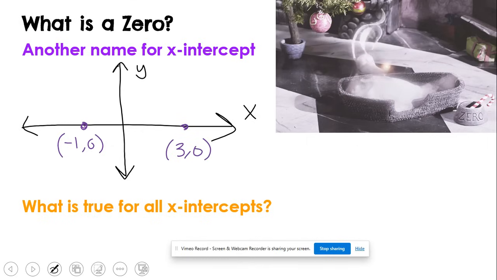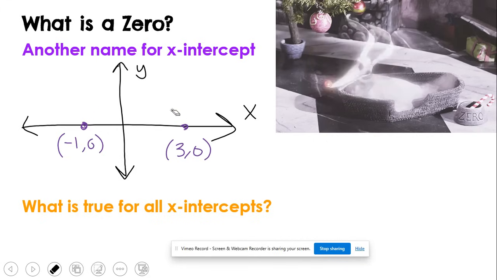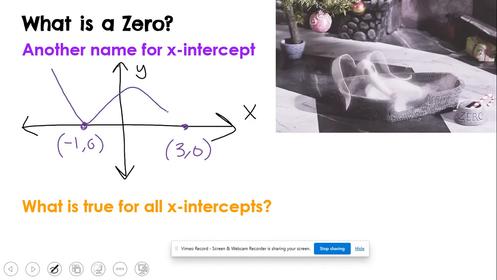And maybe I have an odd polynomial that has a multiplicity of 2, and it goes like this. Pretend that's going through 3, but we could have an odd negative polynomial that looks like this, right? But a zero is just an x-intercept, and we know that x-intercepts have to go through the x-axis.